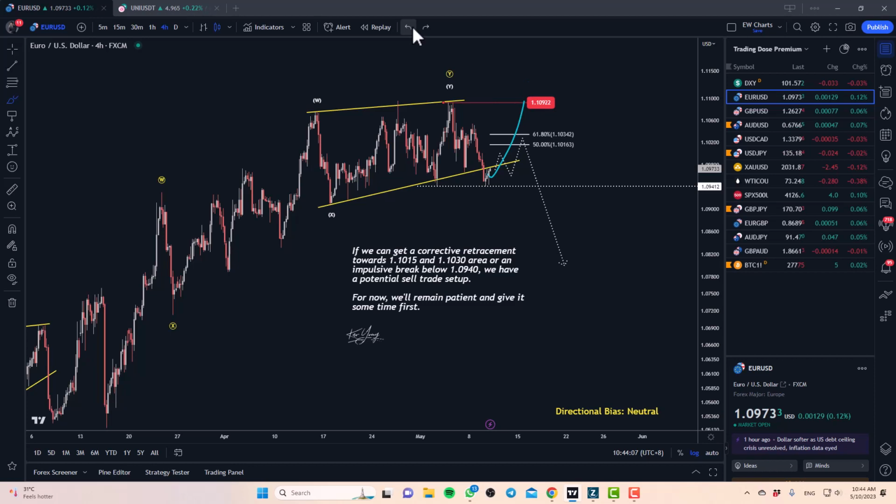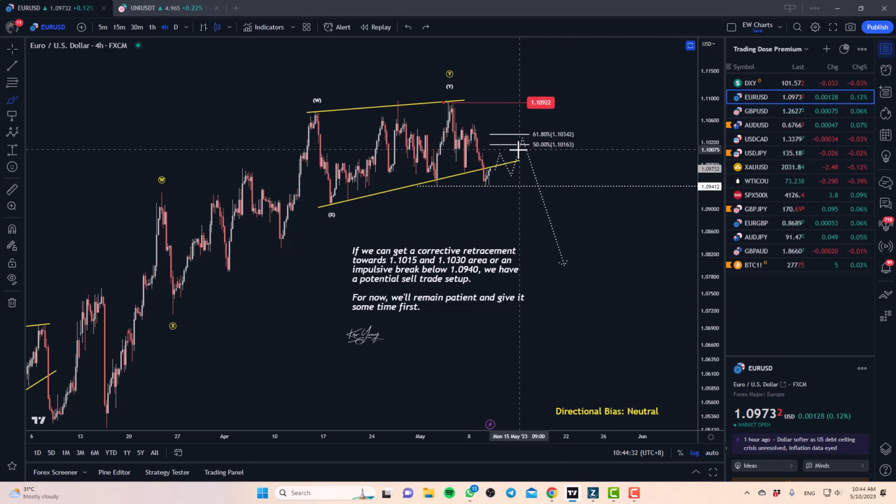So overall, right now we're still maintaining a neutral perspective. I want to give it more time to wait for confirmation, simply because while the technical pattern suggests downside, looking at more perspective, such as the dollar index correlation, I will be a bit more patient on this setup here.